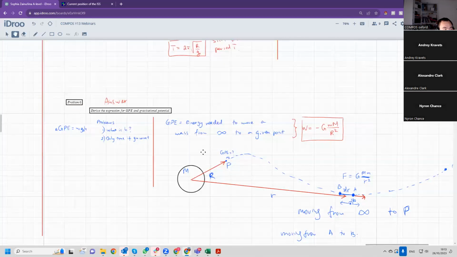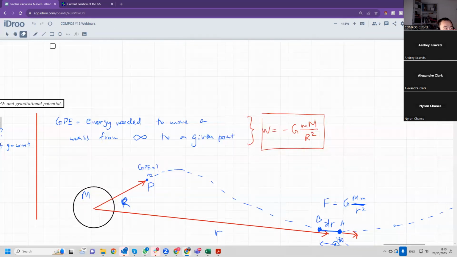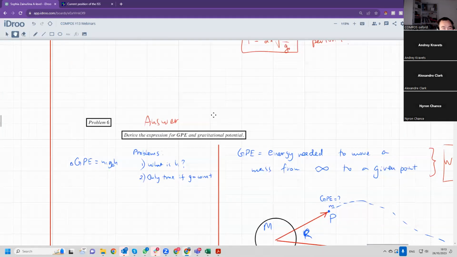And exactly. So the answer is gravitational potential energy is minus GMm over R.